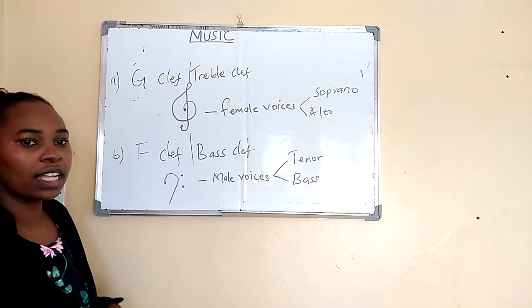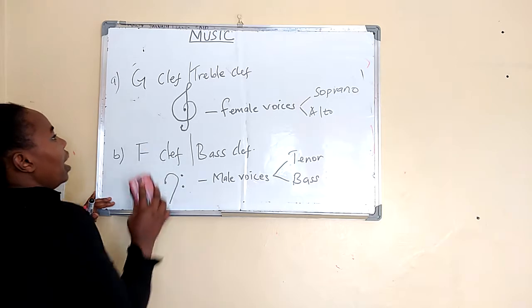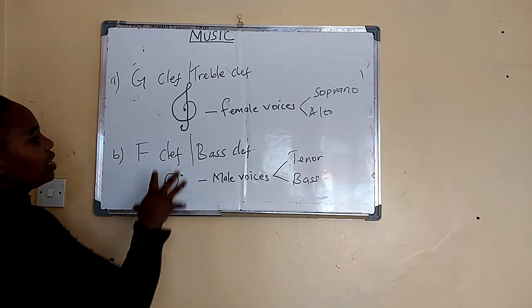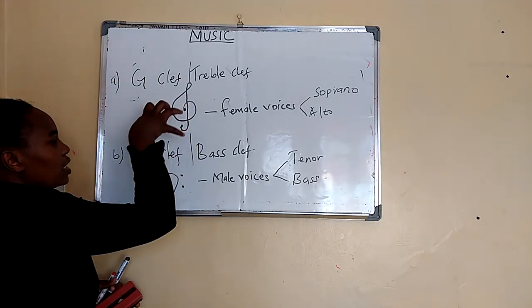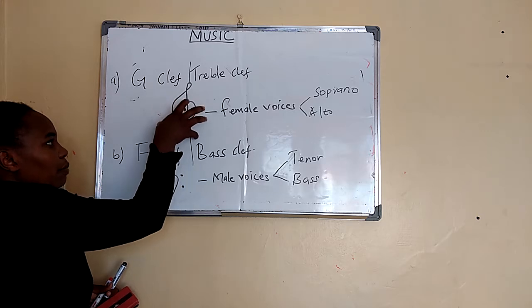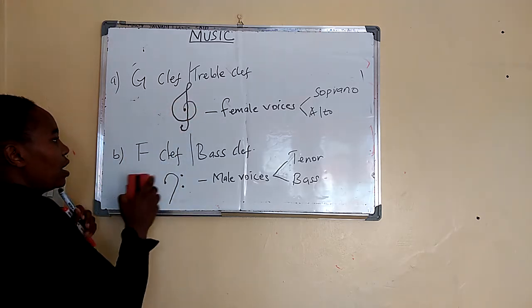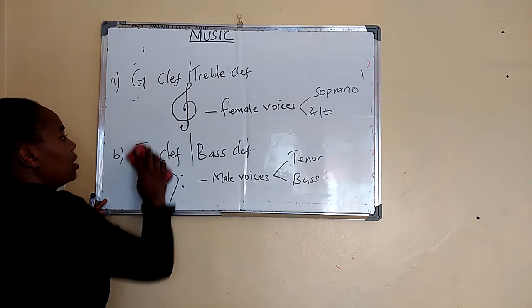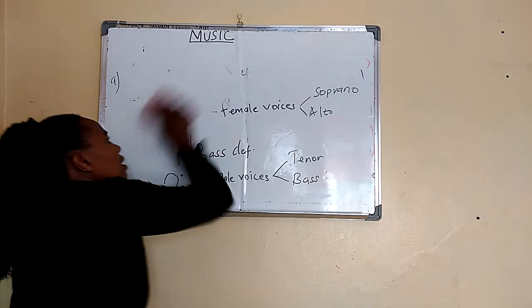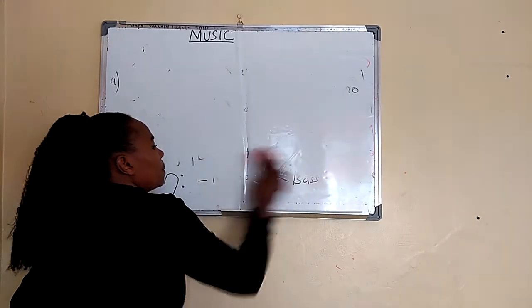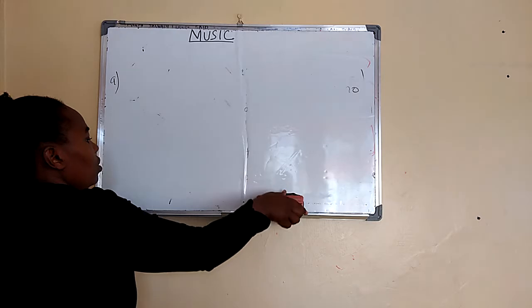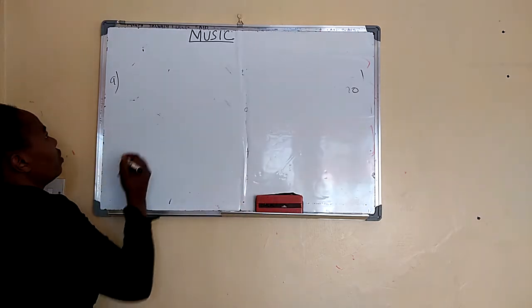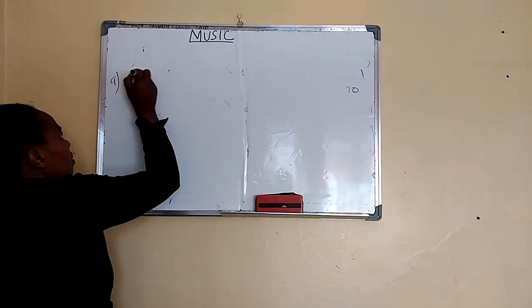Now we are going to look at the staffs, and we are going to get the names of the staffs. We are going to derive them from the types of clefs. So don't forget this as we go to staffs. We are going to begin with this staff.